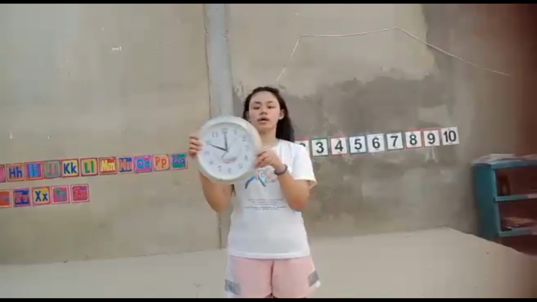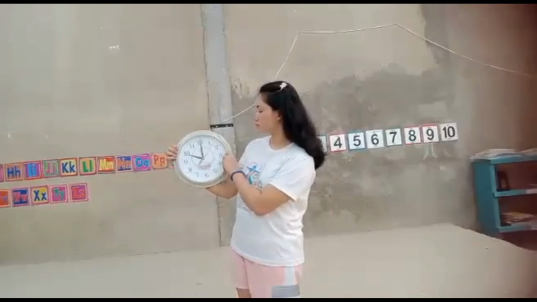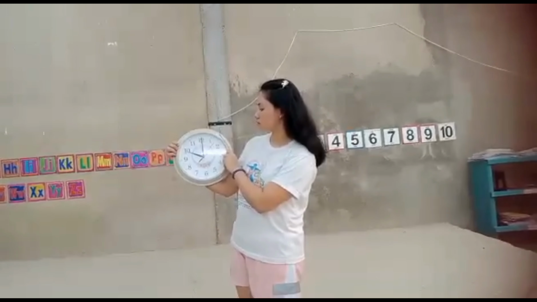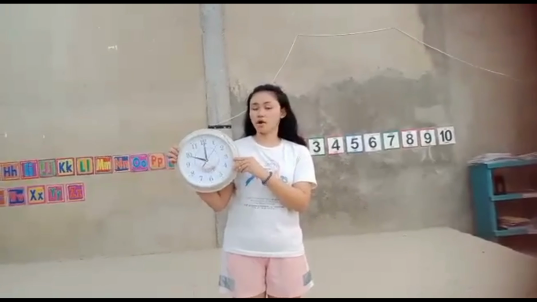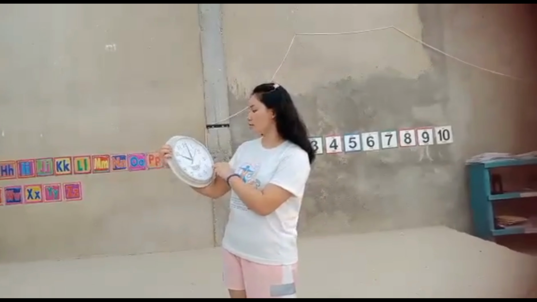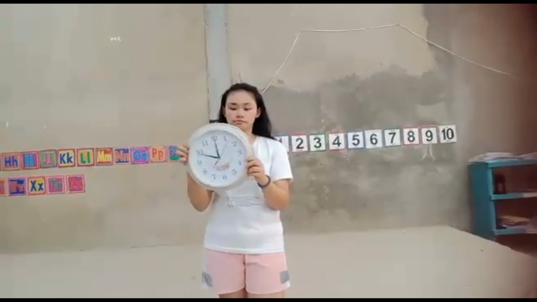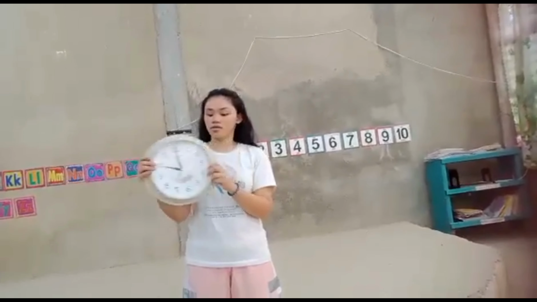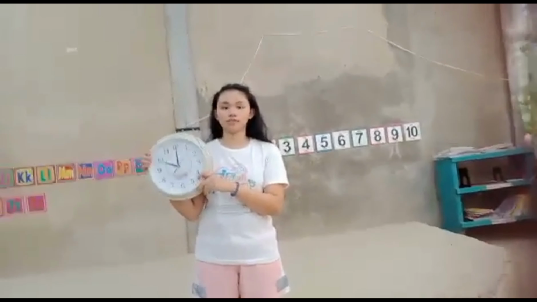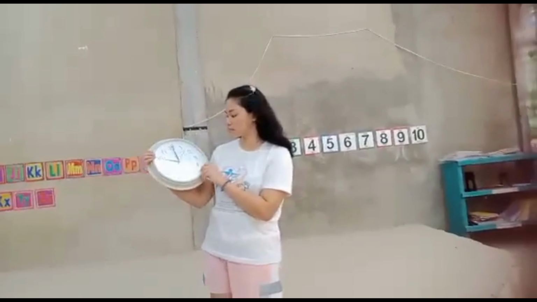Okay, group 2, what time is it? Oh, you said 9 o'clock. No, you're wrong. It's already 10 o'clock. So, kindly understand and learn more about the time on a clock.